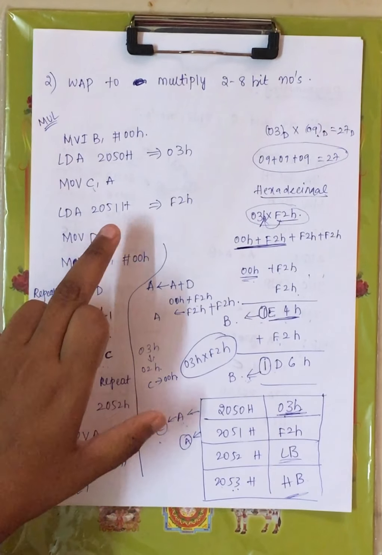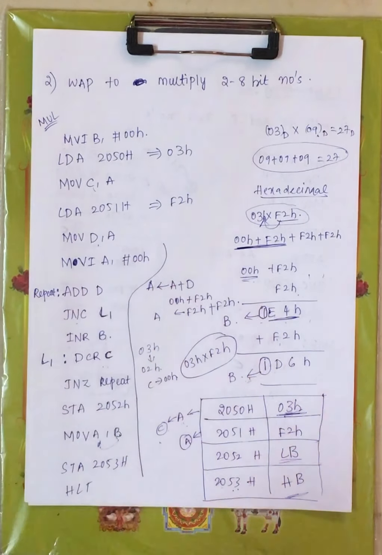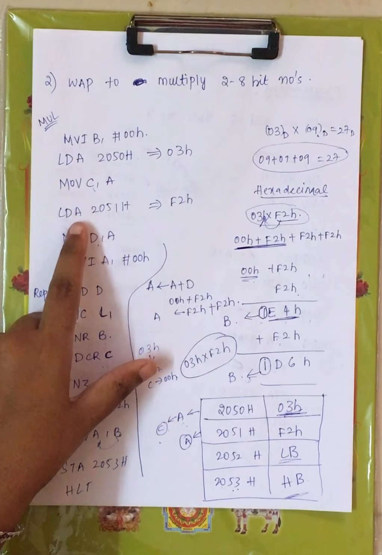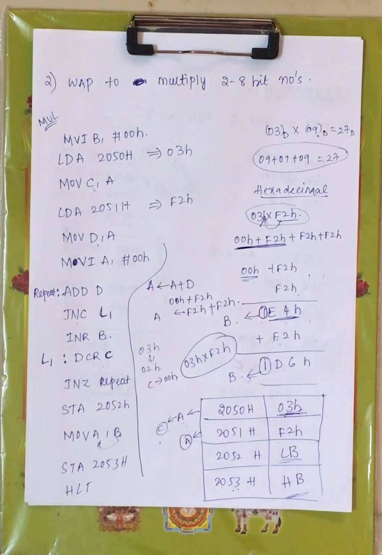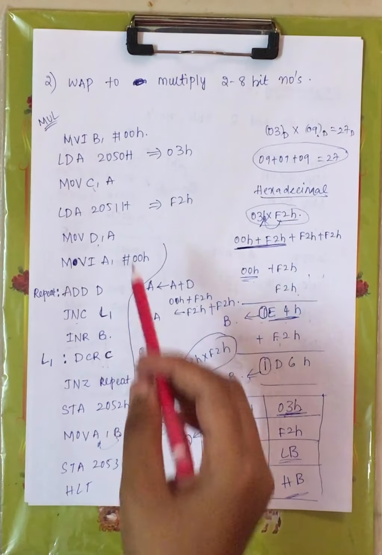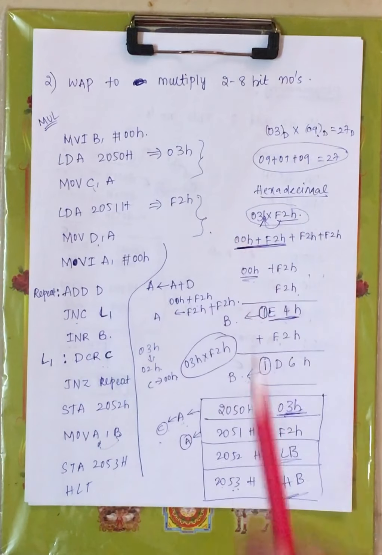This instruction will load the accumulator with the contents of memory location 2051H, right? Now from A I have to move to the D register using the instruction MOV D, A. That will move the contents of the A register to the D register, right? The first number is stored under the C register by these two instructions, and the second number is stored under your D register by these two instructions, right?